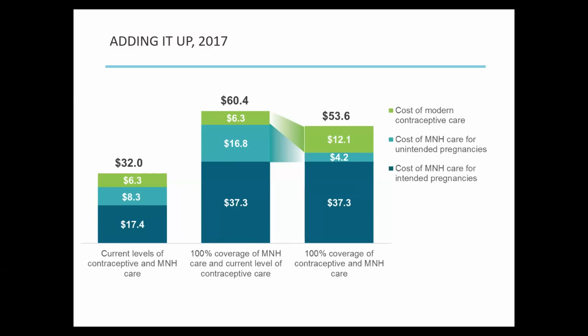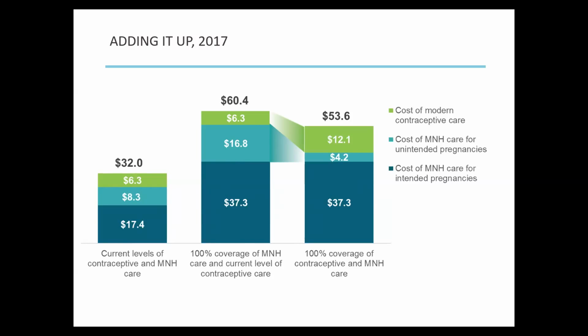And then they suppose, what if we were to meet all unmet need, and how much would it cost? And that is the upper section on the third bar to the right. It would cost nearly double what we're spending now, so $12.1 billion. And then they look at what would be the cost of caring for both intended and unintended pregnancies.